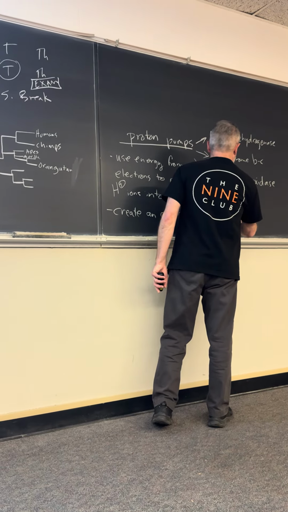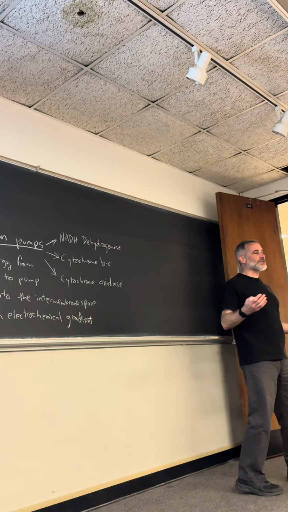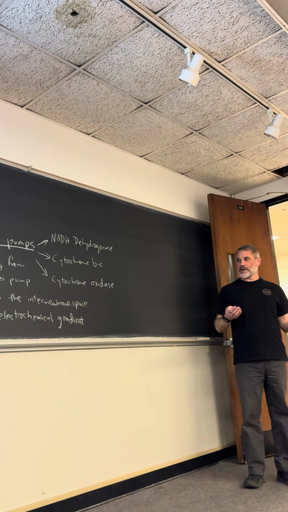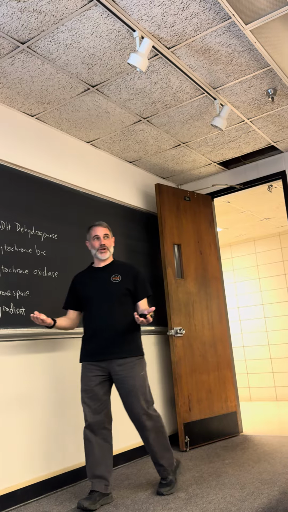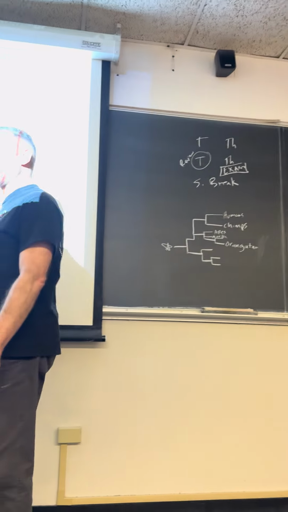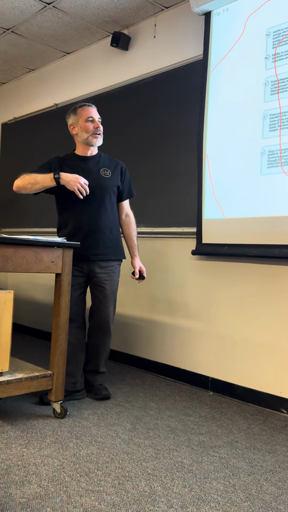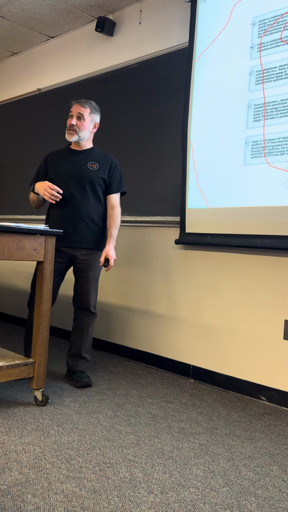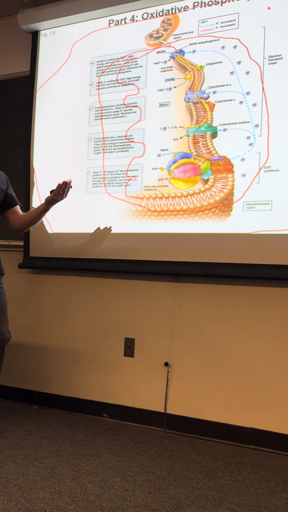The electrochemical gradient means that you have a difference in concentration of a molecule on one side of the membrane versus another, and you have a difference in charge. The place we saw this previously was the sodium-potassium ATPase, where we pumped out sodium ions and we pumped in potassium ions, and both of those ions carry a single charge, but we pump out more sodium than we pump in potassium.